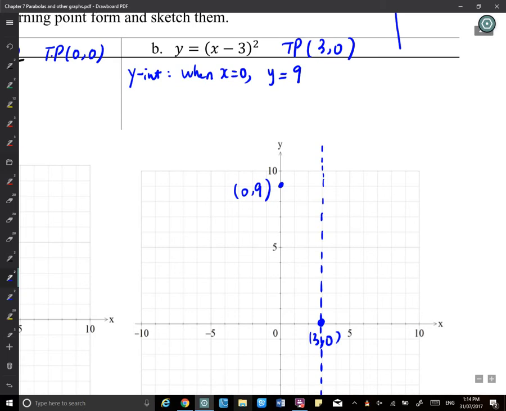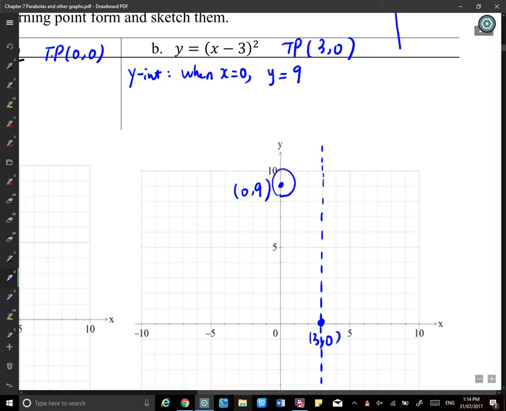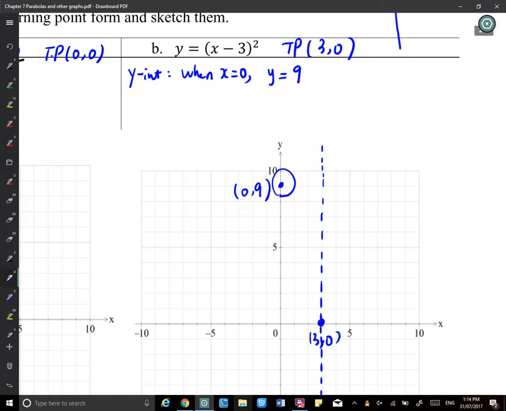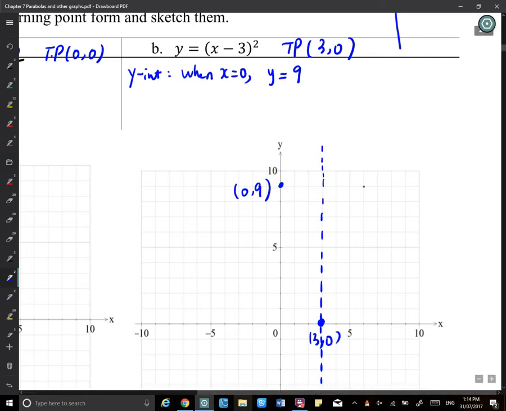My question is, what is another point you definitely know will be on this graph as well, using the symmetry property? Can you find another point that will definitely be on this graph? What's the symmetric point of this 0, 9? There will be a symmetric point about this line. 6, 9.